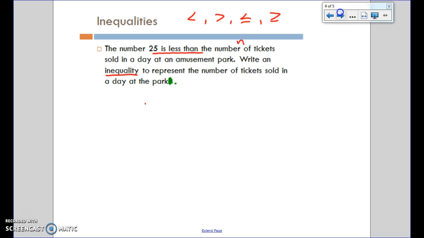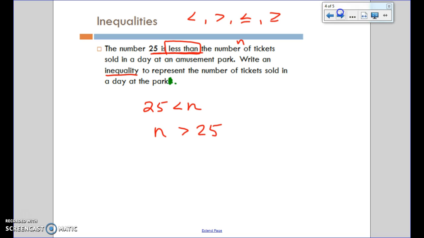So we know that 25 is less than n. Or you could think of it as the number sold is greater than 25. One of your choices might not be 25 is less than n, although that is what it says. They might add the choice n is greater than 25.